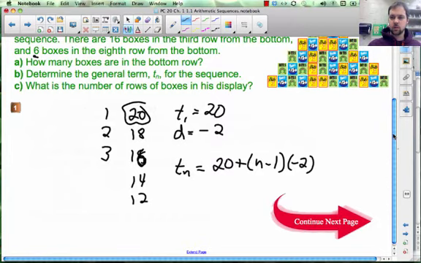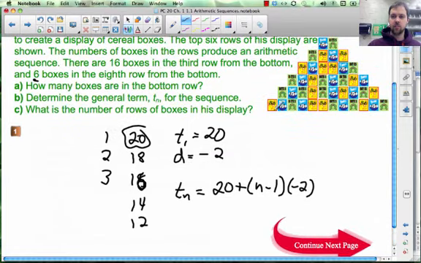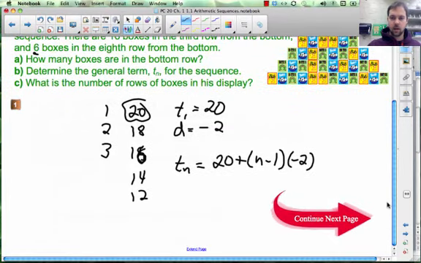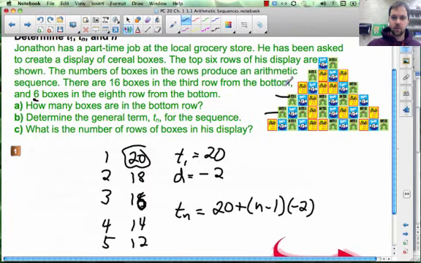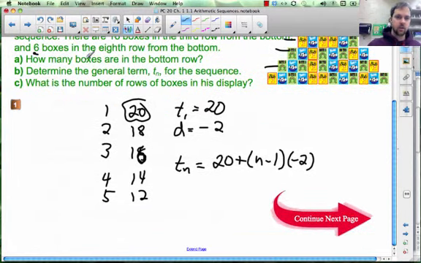This row has 12 boxes in it, and that means we know that it is the 5th row, which means there will be 4 rows below it. So this is row 5, then this is row 6, row 7, row 8, row 9, and row 10. And that's it. That's your answer. There will be 10 rows in his box display.